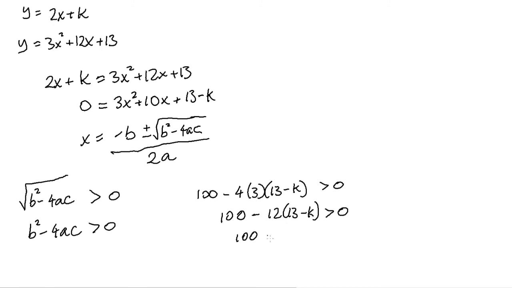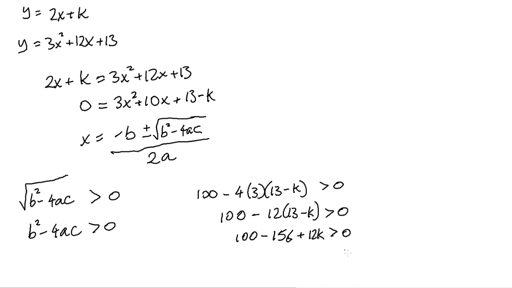And simplify the following into a 156 plus 12k is larger than 0. Now we can rearrange everything. 100 minus 156 is just a minus 56.